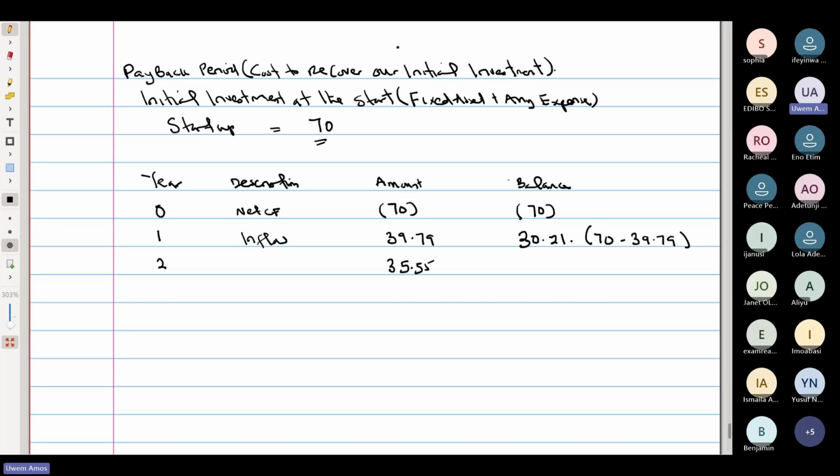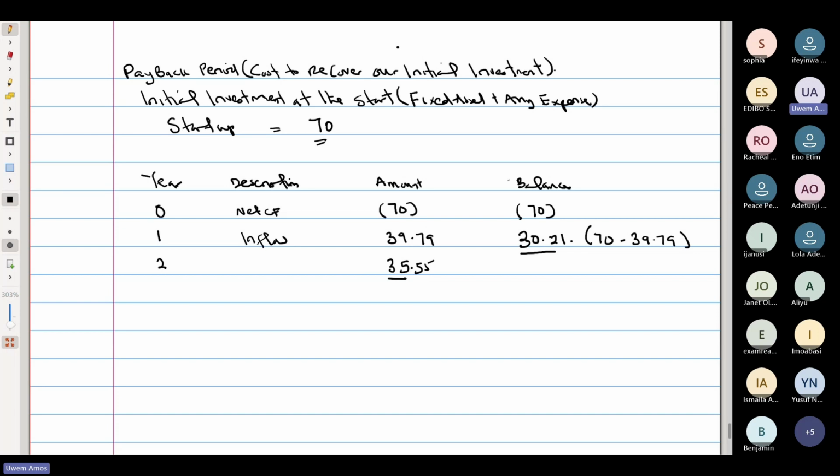We only need 30.21 out of 35.55 to recover our 70 million. So how long will it take us to recover 30.21?